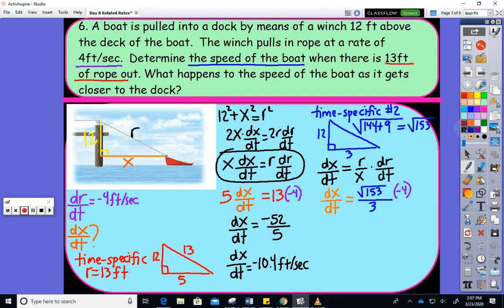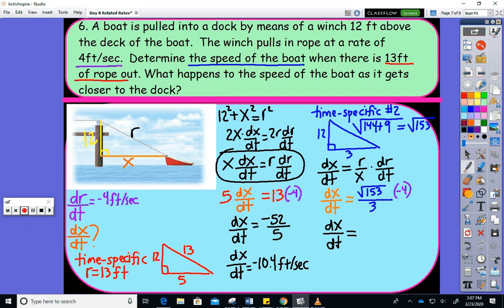So now I've got the exact measurement. But what I want to do is actually plug this value into my calculator so I can compare decimals to decimals. So let's see here, I'm doing this on my calculator, 4 times the square root of 153, and then divided by 3.